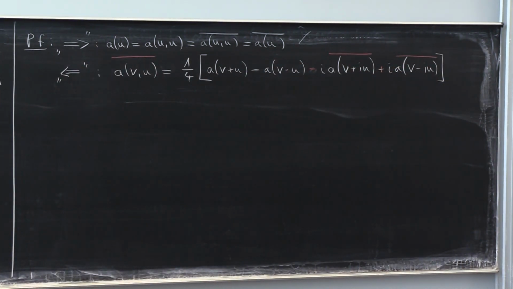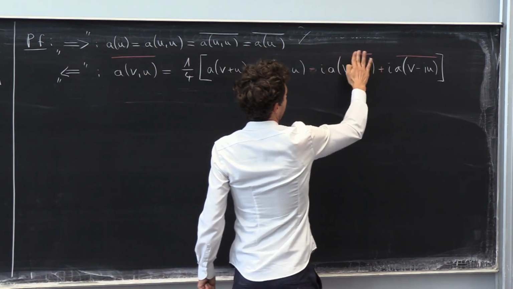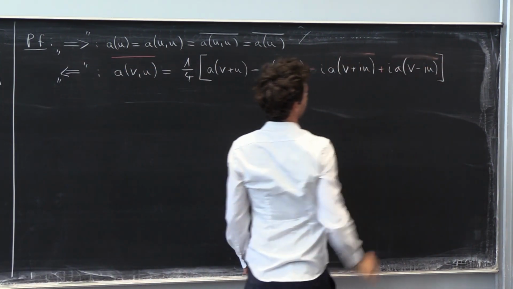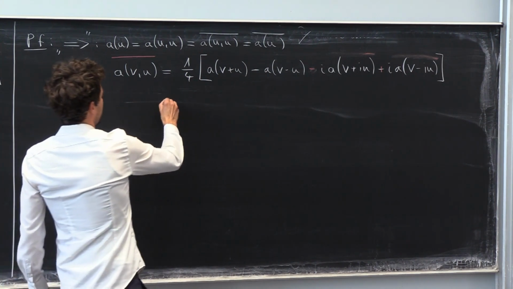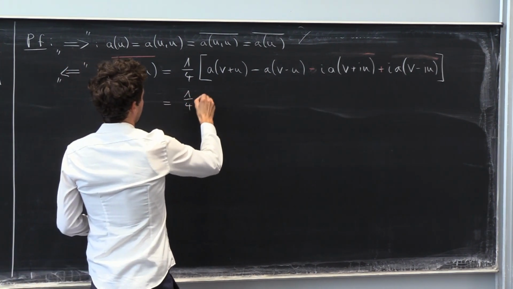Okay? And then also, because the form once again takes real values, actually I can forget about the complex conjugate, and it's just this. Right. So now it's a question of writing out the terms correctly.